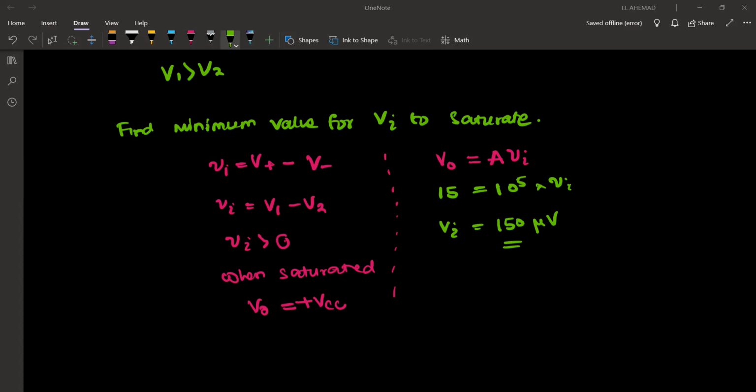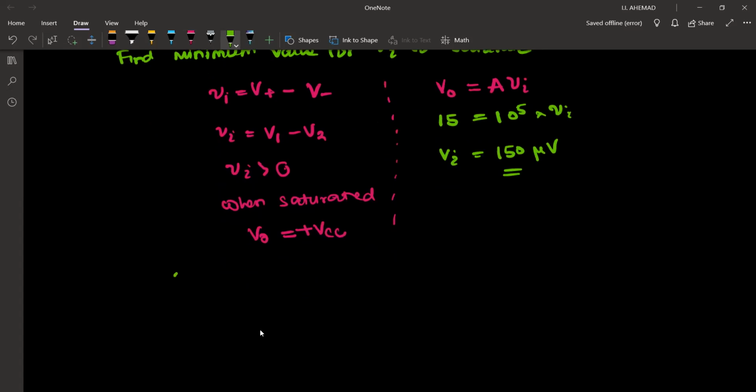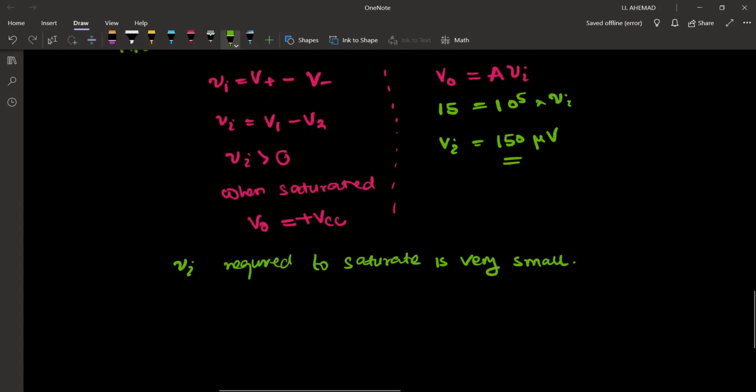Got it? So we can mention that Vi required to saturate is very small.